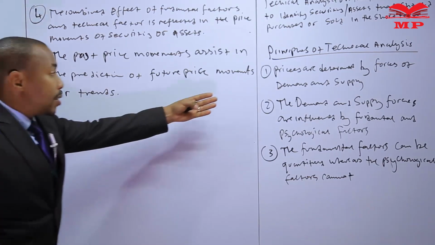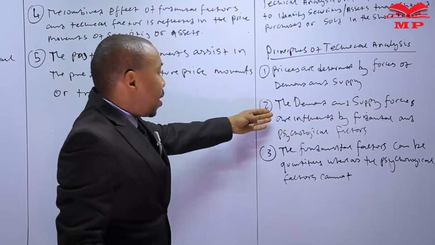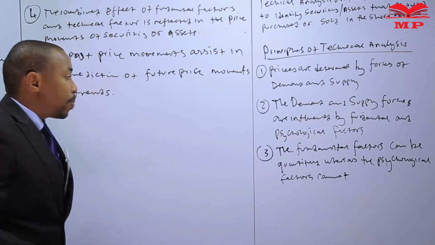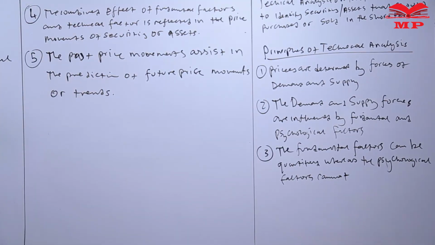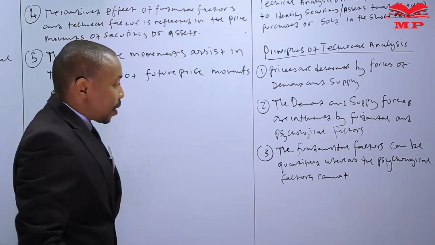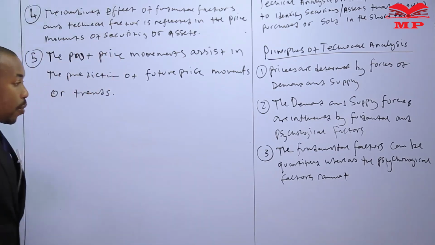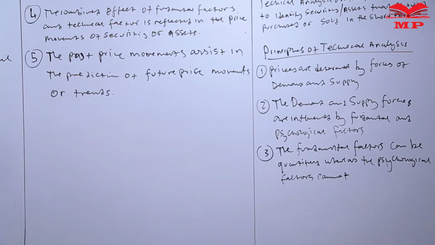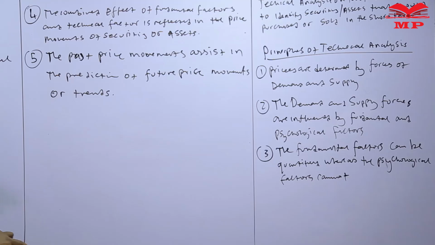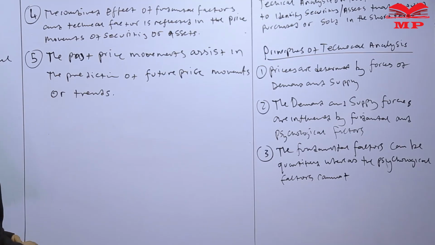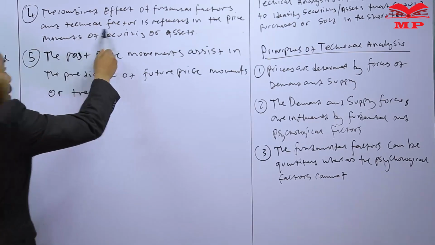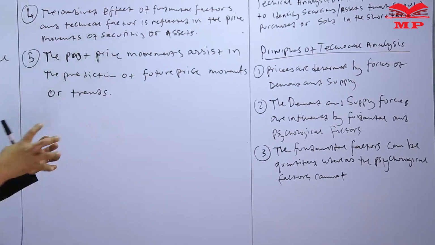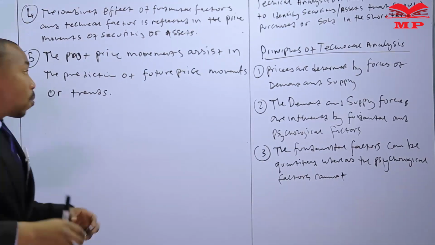The first one, prices are determined by forces of demand and supply. The demand and supply forces are influenced by both fundamental and psychological factors. Then I've said that the fundamental factors can be quantified, whereas the psychological factors cannot be quantified. The fourth one here is the combined effect of both fundamental factors and technical factors is reflected in the price movements of securities or assets there. So these technical factors and fundamental factors work in unison.